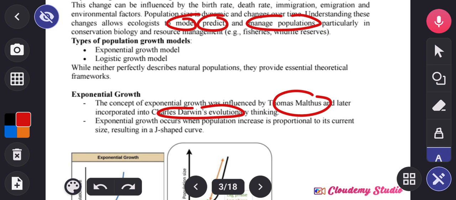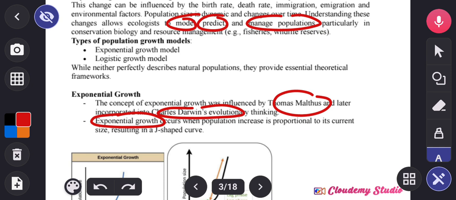When a population has unlimited resources, enough food, good climate, good weather, there is no death, they grow very rapidly, they continue growing. You understand? This rapid growth is what we refer to as exponential growth.